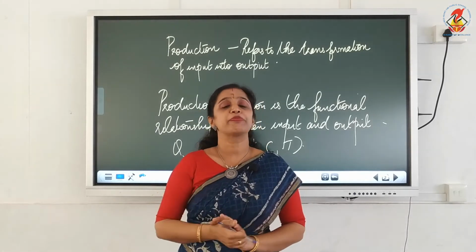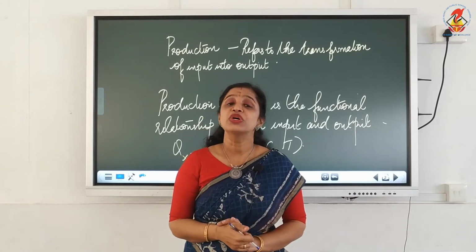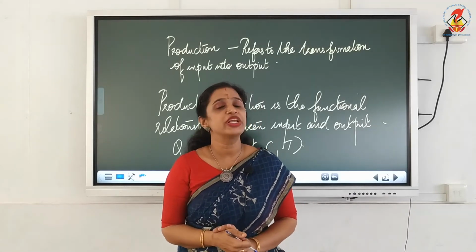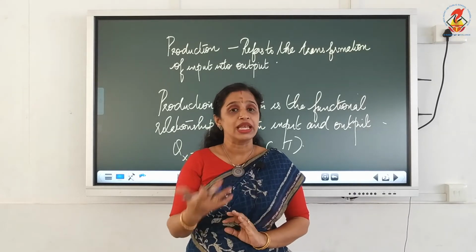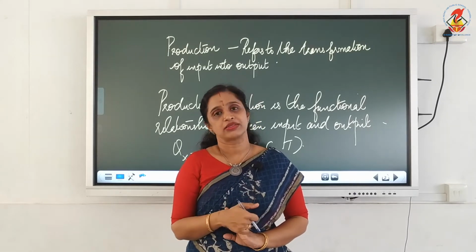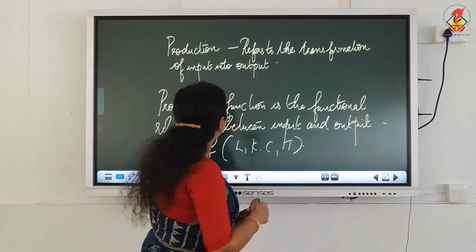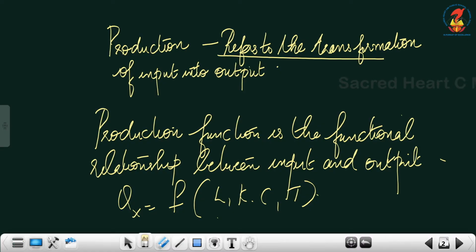So what is meant by production? Production refers to the transformation of input into output. So what are the inputs? Raw materials, labor, land, etc. Therefore production refers to the transformation of input into output.